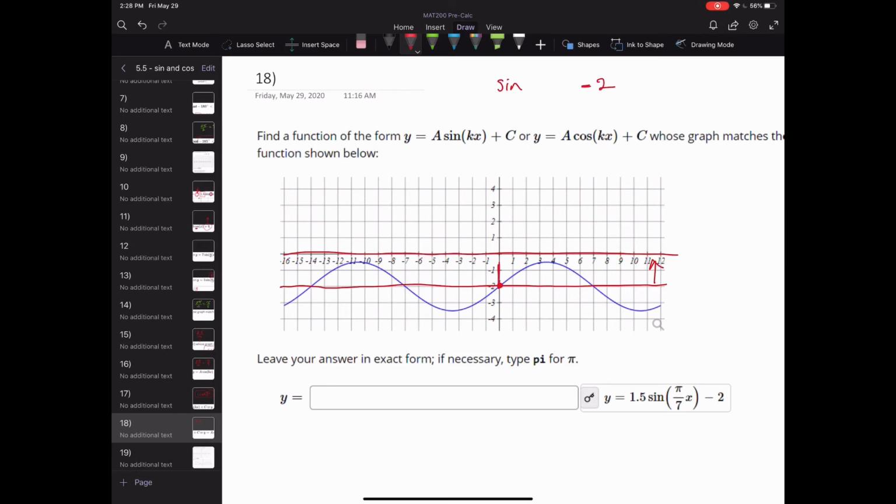It doesn't quite make it to 2, but it's over 1. So let's say 1.5. So that's the amplitude. And let's see what the period looks like. Period is one full curve. So it stops right there. That's also 14, so that's the same thing as pi over 7. Don't see any shifts in any other direction. So that's that.